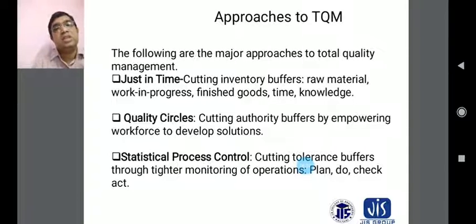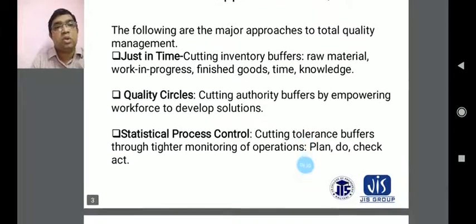For this, statistical process control is essential, and it monitors the operations and plans, and plan-do-check-act is also concerned according to statistical process control systems.